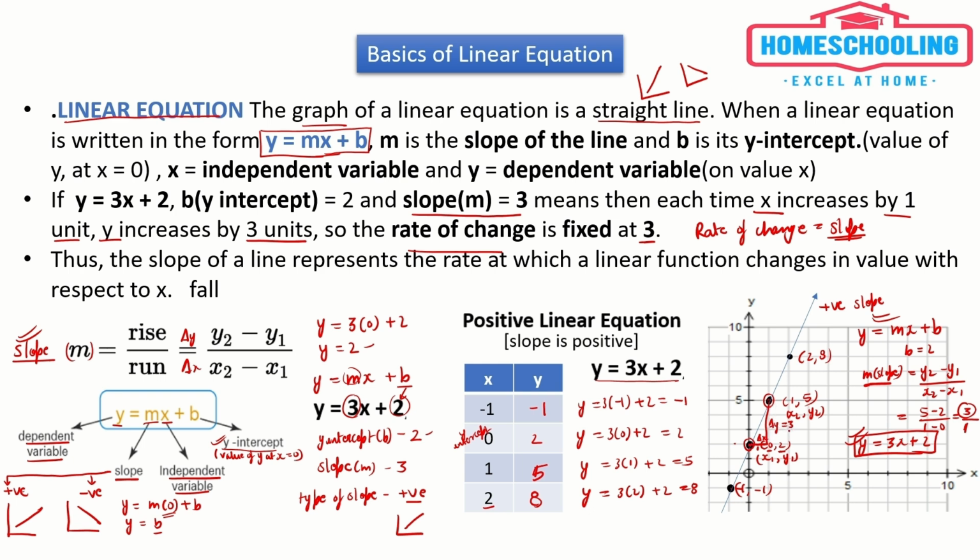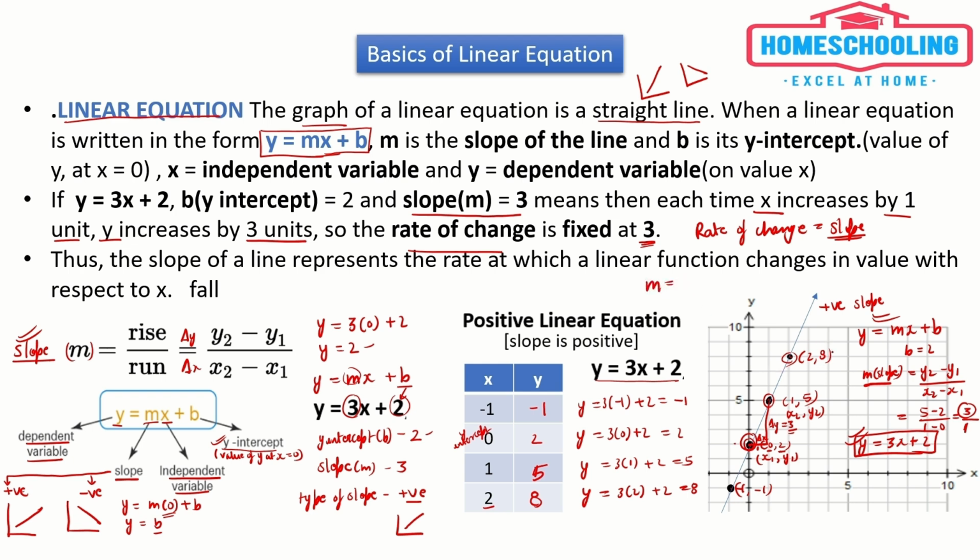That is delta y is 3. That is called slope. Now instead of these two coordinates, if we had taken this one and this one, we would still get the same slope. So if we take this one and this one, slope m is equal to y2 minus y1.